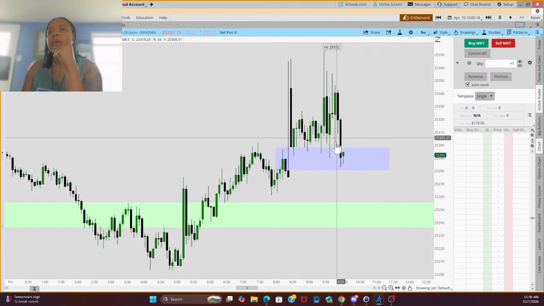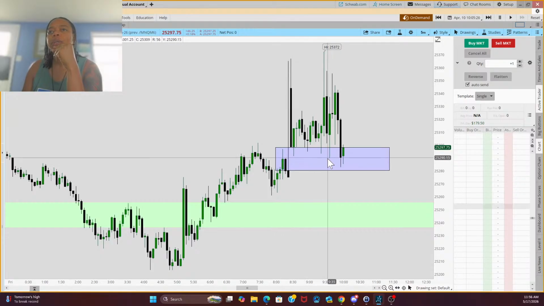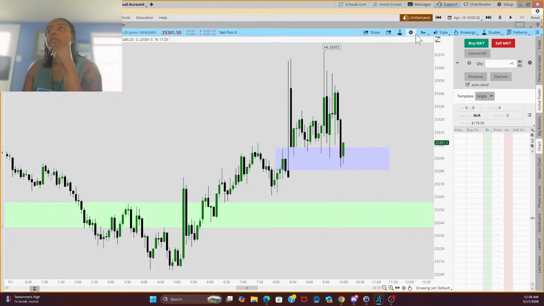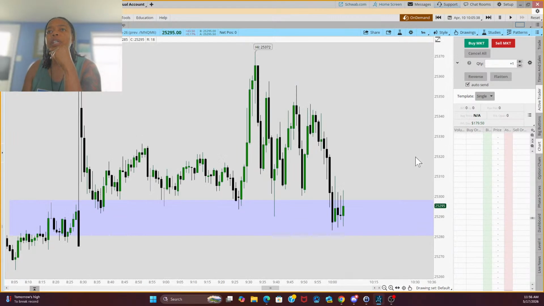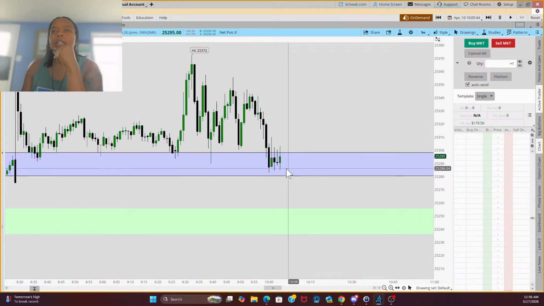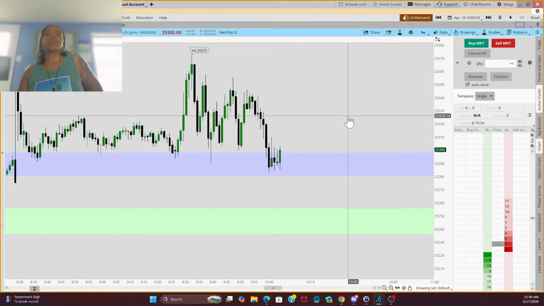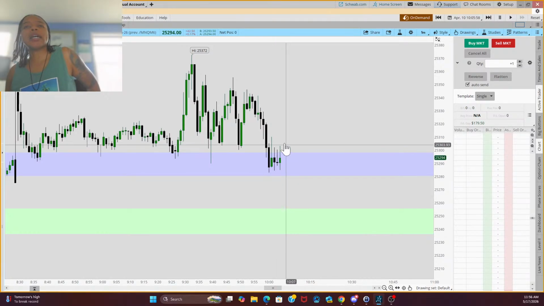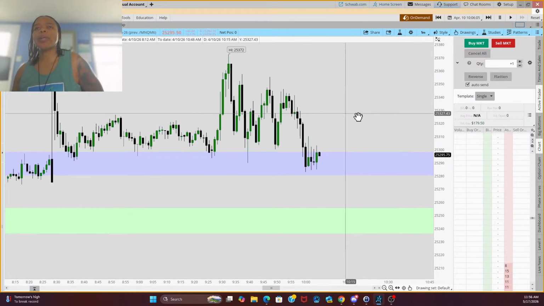Okay, so they've swept out everybody who tried to go short. Stop below there. So let's see if we get an engulfing. We need an aggressive engulfing candle, not weak candles, like proper. So let's see what we get.